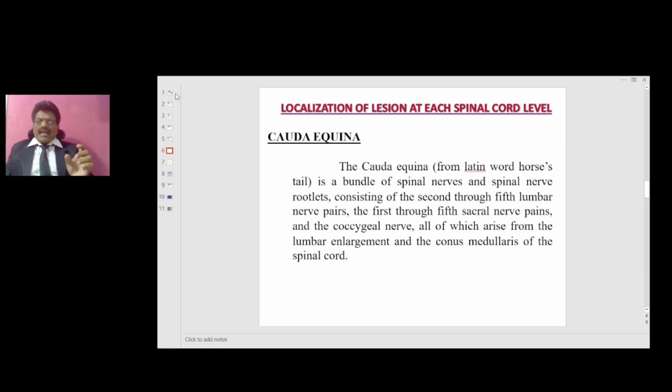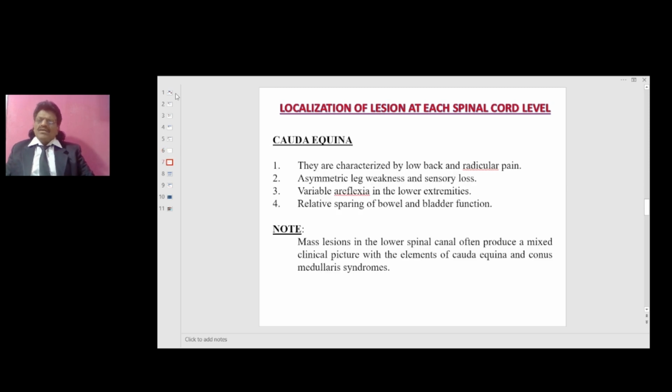What is cauda equina? Cauda equina, from the Latin word for horse's tail, is a bundle of spinal nerves and spinal rootlets consisting of 2nd through 5th lumbar nerve pairs, the 1st through 5th sacral nerve pairs and the coccygeal nerve, all of which arise from the lumbar enlargement and the conus medullaris of the spinal cord. So what happens when there is a lesion of cauda equina?